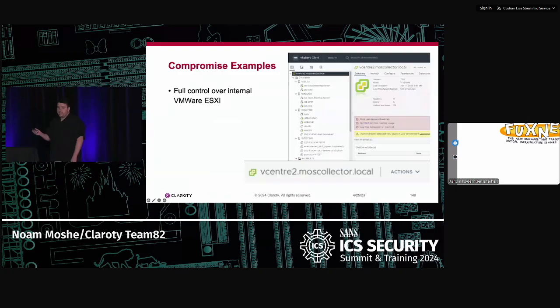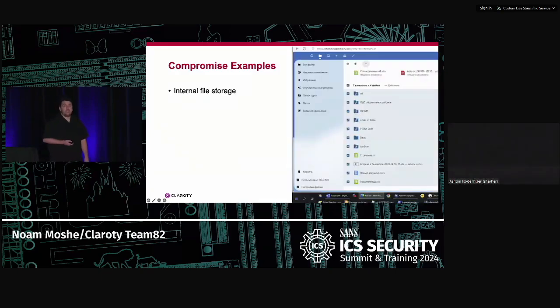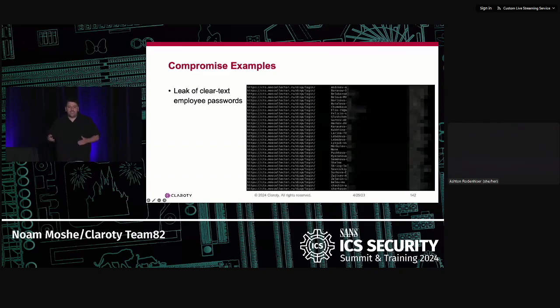However, not only that, they gained access to internal servers used by Moscollector. Here we can see the ESXi server giving access to all of the virtual servers used by the company. To make matters worse, they even gained access to internal file storage, sensitive files, and of course, the cherry on top, they managed to leak and gain access to all employee credentials in clear text.